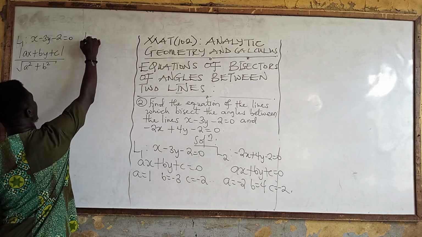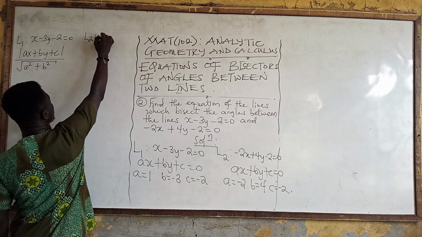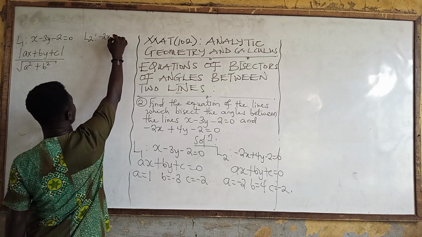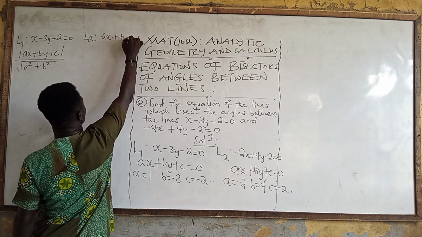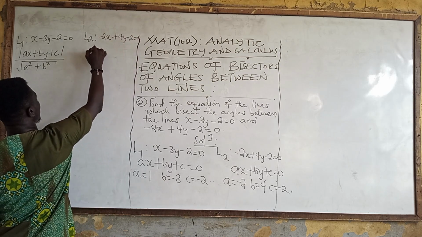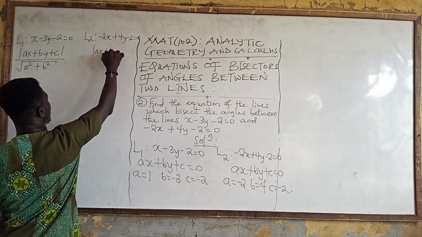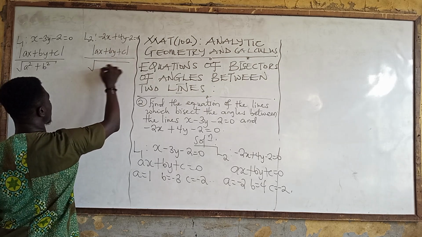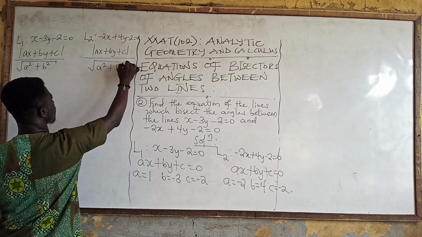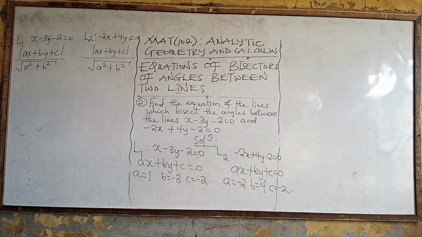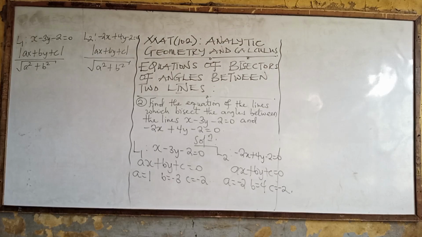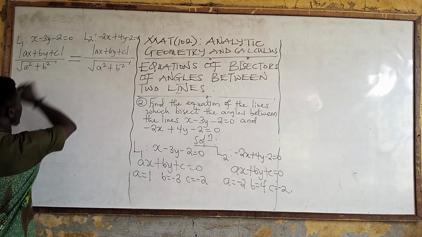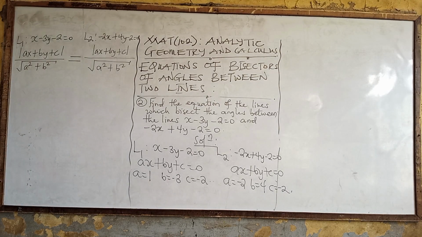And I have my L2, which is negative 2x plus 4y minus 2 equals 0. So I have my ax plus by plus c divided by square root of a squared plus b squared. So we have to find the perpendicular distance. When we find the perpendicular distance, they are doing the same job, so we equate them.